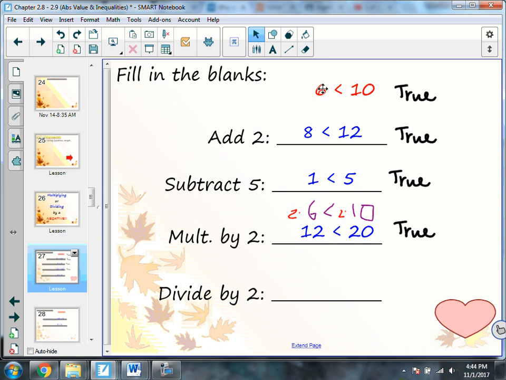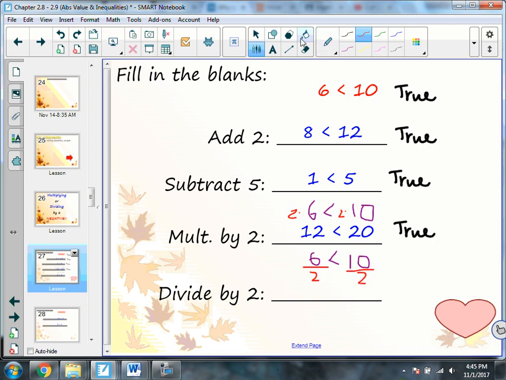Now if I consider my original inequality, 6 is less than 10, and I divide both sides by 2, is the inequality still true? I get 3 is less than 5.